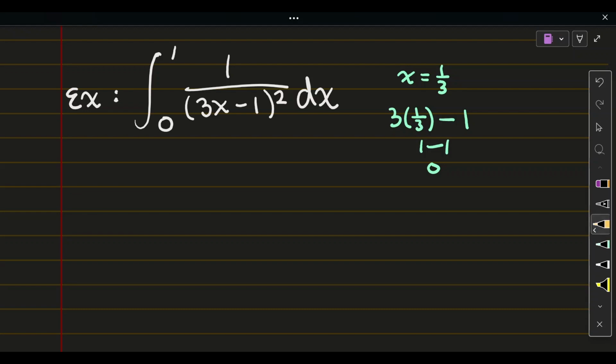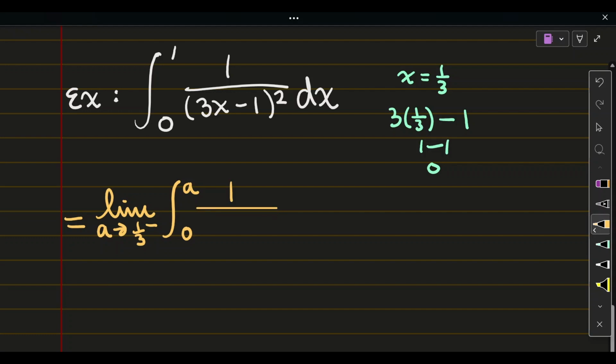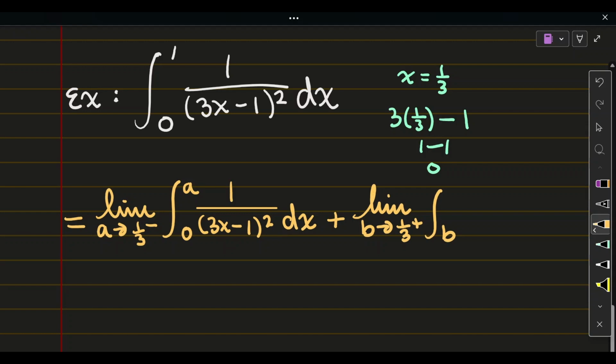So immediately I see that I need to rewrite this as the limit as a goes to 1/3 from the left of the integral from 0 to a of 1 over (3x minus 1) squared dx, plus the limit as b goes to 1/3 from the right of the integral from b to 1 of 1 over (3x minus 1) squared dx.